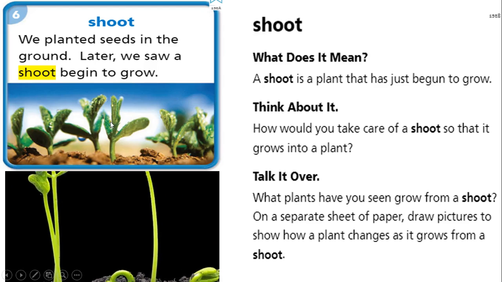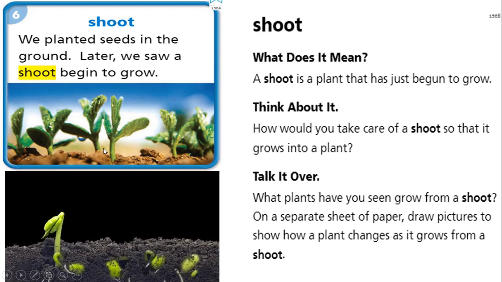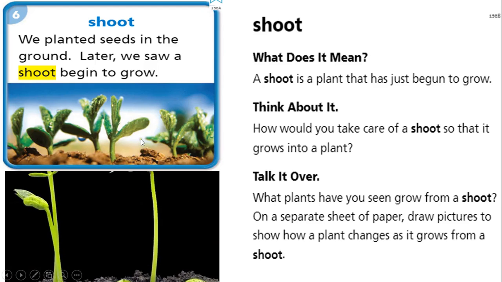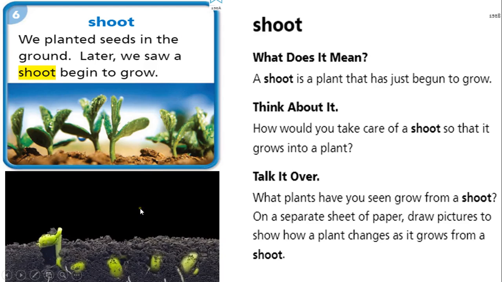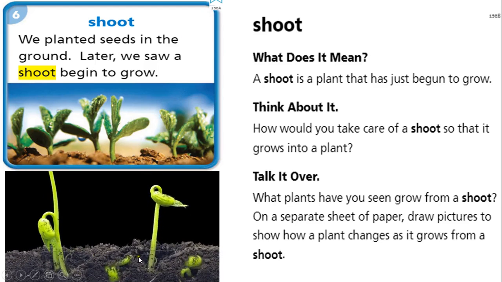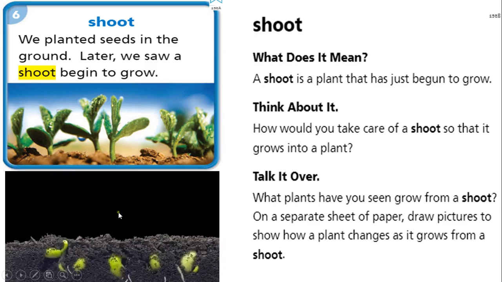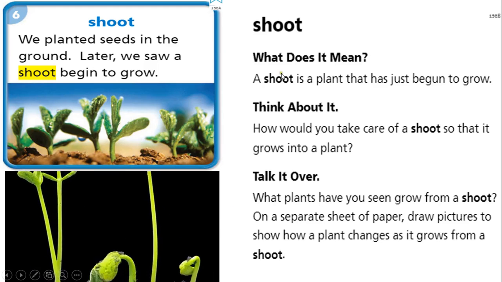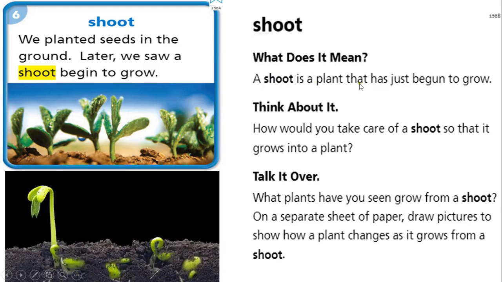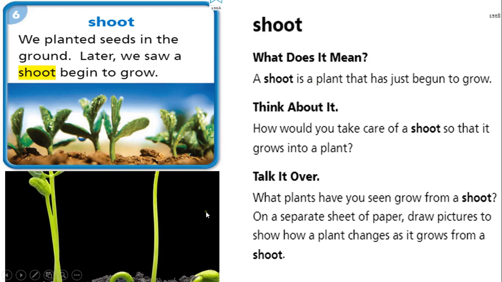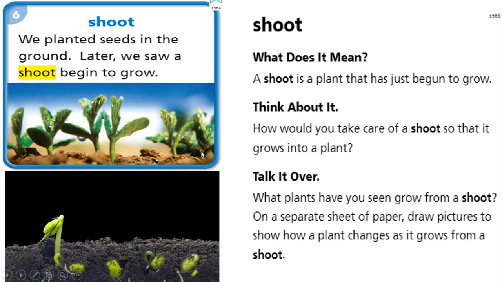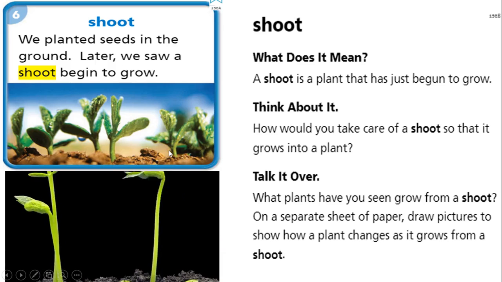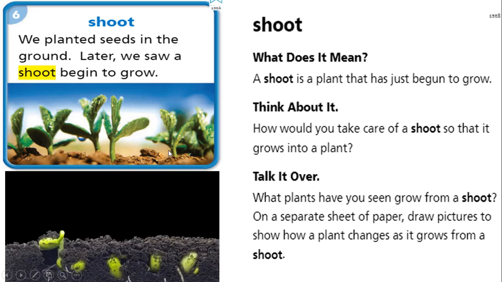The first plant, the small one that starts to grow, is called a shoot. When it first starts growing, we call it shoot. So a shoot is a plant that has just begun to grow. Do you see these little small plants? Yes, shoot.